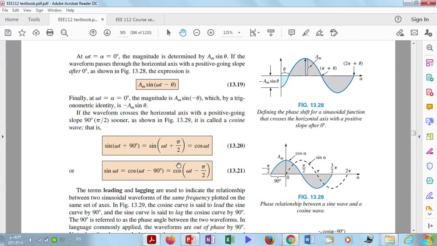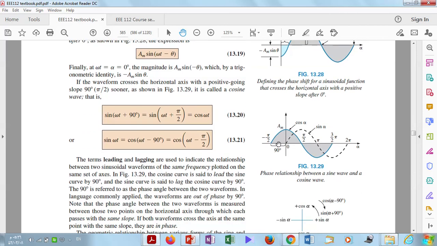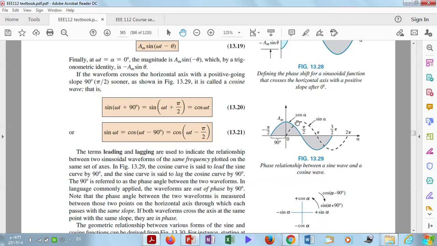Okay, we know that we have sine here, and we have cosine. Cosine starts from minus 90. There is a relation. It is the same waveform, but there is a relation between them. If we say cosine equals what? Since we know the shift, it is similar to sine of omega t plus 90. Plus 90 means that theta equals minus 90.